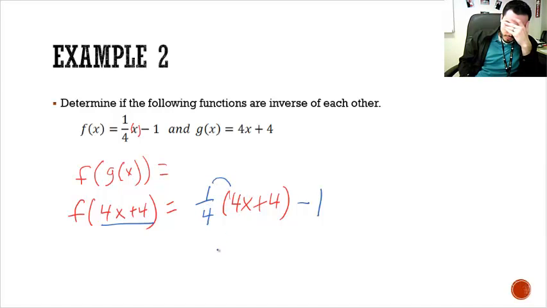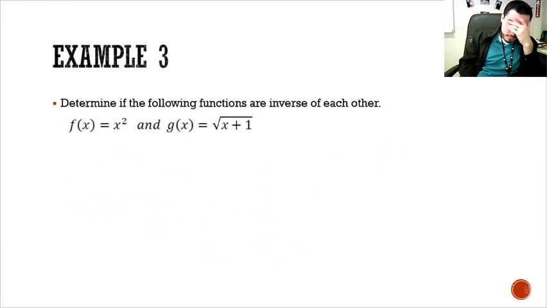So 1/4 of 4x is just x. 1/4 of plus 4 is plus 1. And I still have this minus 1 from over there. Well, plus 1 minus 1 cancel. And sure enough, my answer just equals x. Therefore, once again, yes, these are inverses.